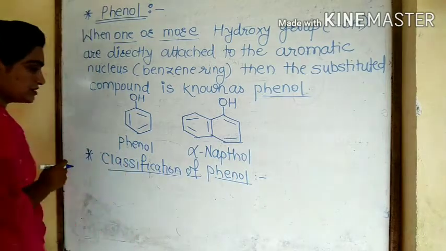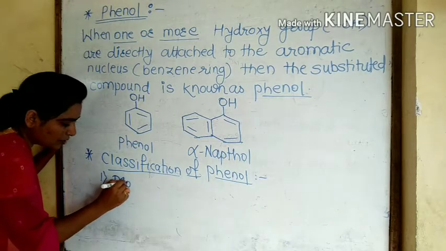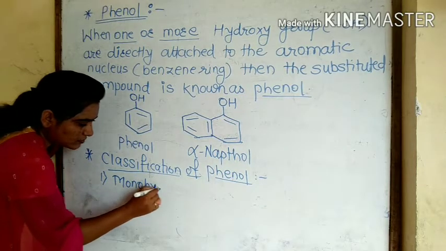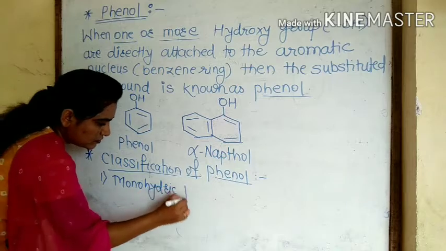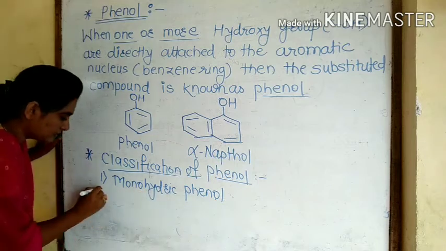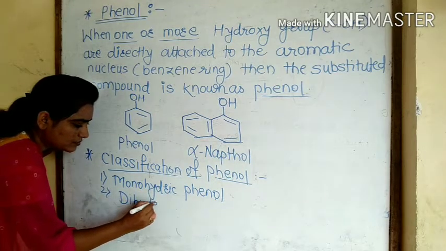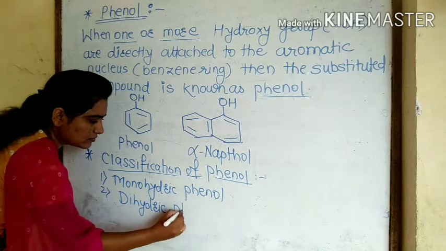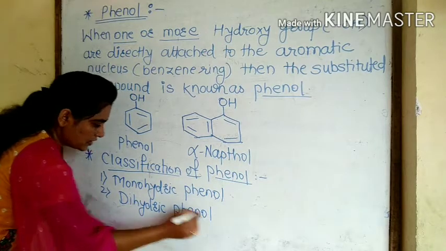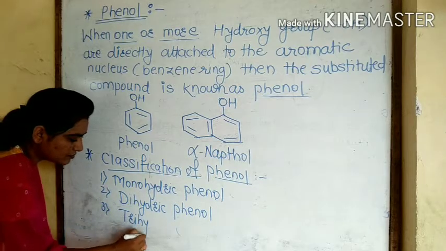Okay. So it is mainly classified into, first, monohydric phenol. Second one is dihydric phenol, and third one is what? Trihydric phenol.